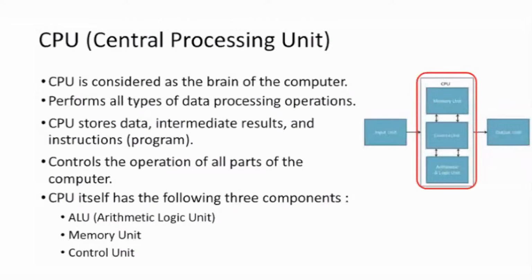Then it performs all types of data processing operations. That means we are doing all the operations inside our CPU. If we input our data, then we have to process it. We have to make the new information.